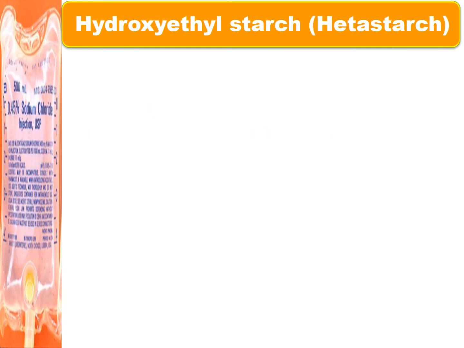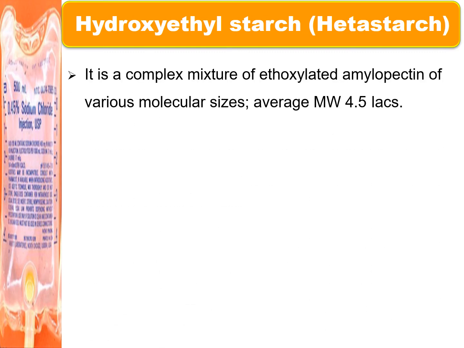Then the next choice for therapy as a plasma volume expander is hydroxyethyl starch, also called HES starch. HES starch is a complex mixture of ethoxylated amylopectin of various molecular sizes. The average molecular weight is 4.5 lakh.